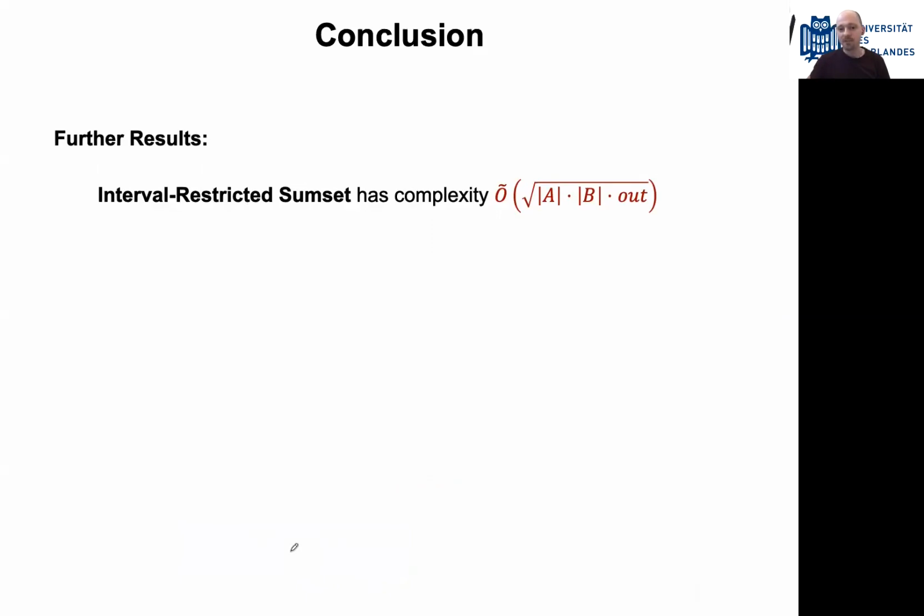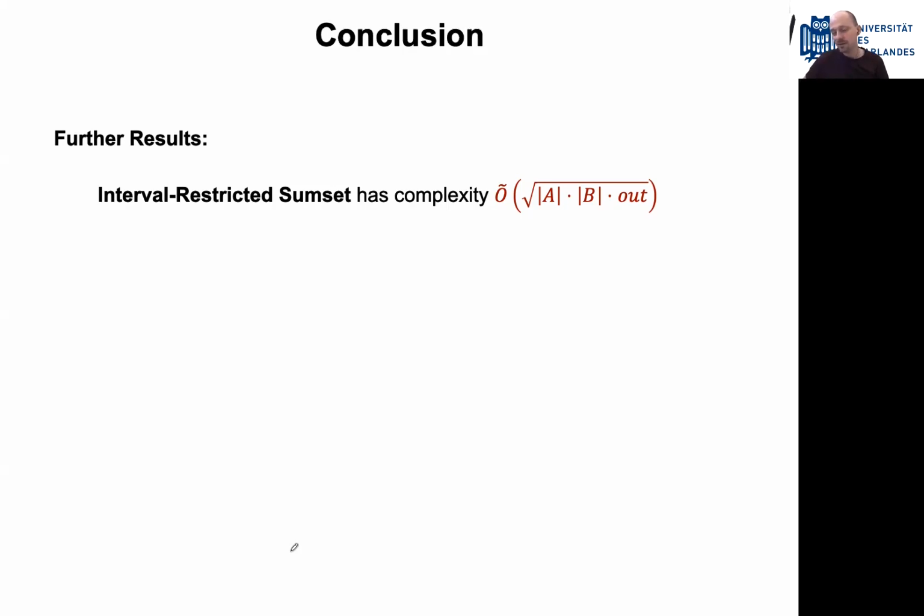Now for this capped sumset, we had an upper bound, a threshold t, and we're only interested in these sums below t. Now if we also introduce a lower bound, then we get what we call interval restricted sumset. For this, the same baseline approach works. And we still get this running time square root size of a times size of a times out.